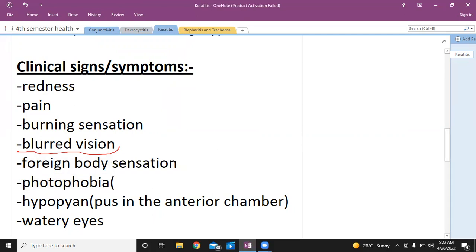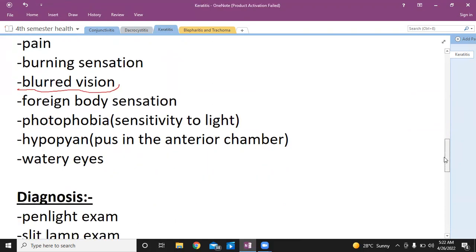If you tell the patient to look into the pen light or the sunlight, the patient will have sensitivity. They will not be comfortable looking at the sun or directly at the light.